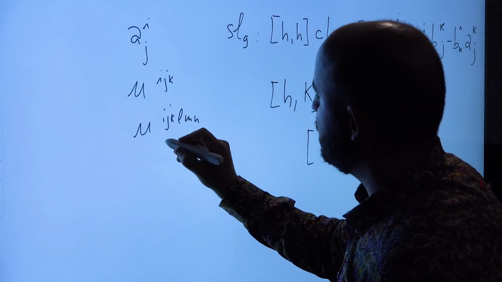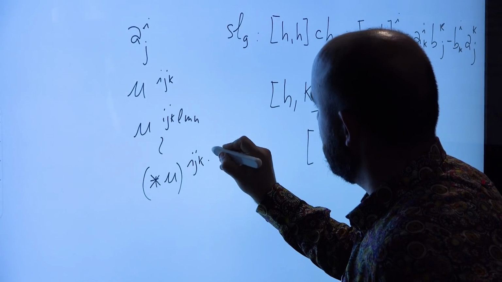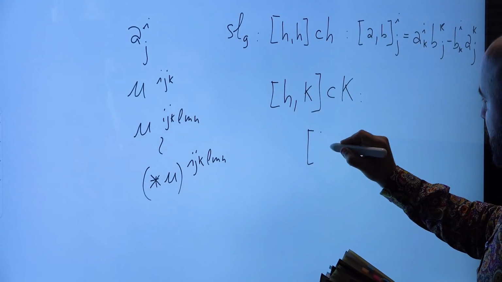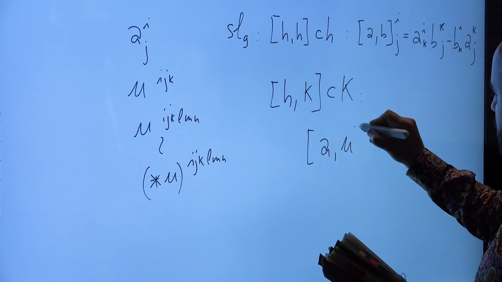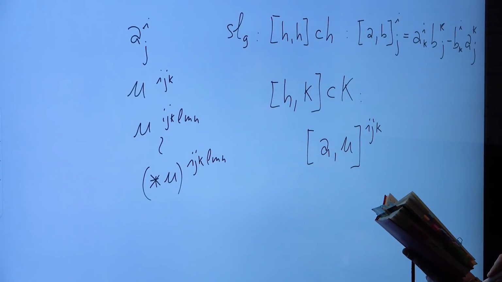If you want, this can be written also as star U I, J, K, L, M, N. Okay, and so it's A, U, and this will have a projection of I, J, K.